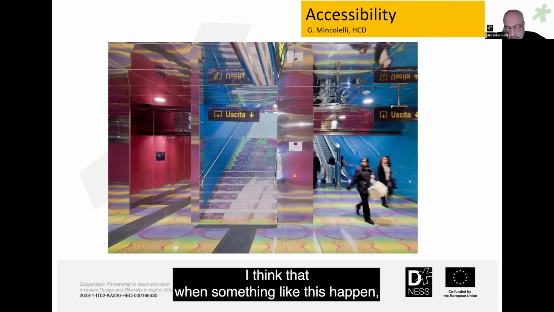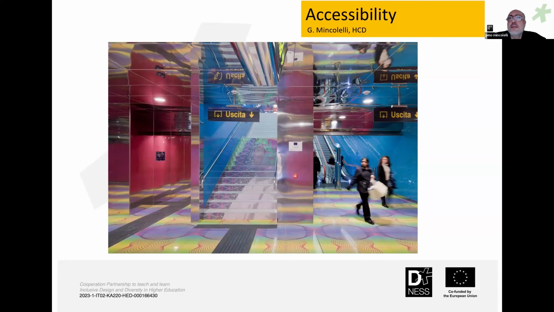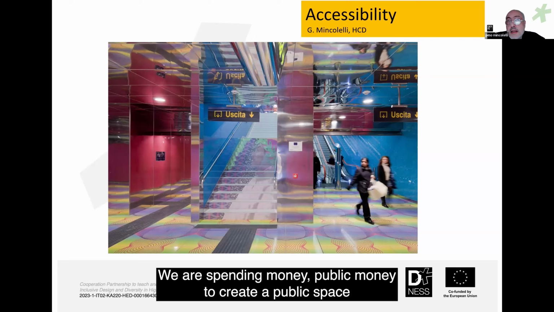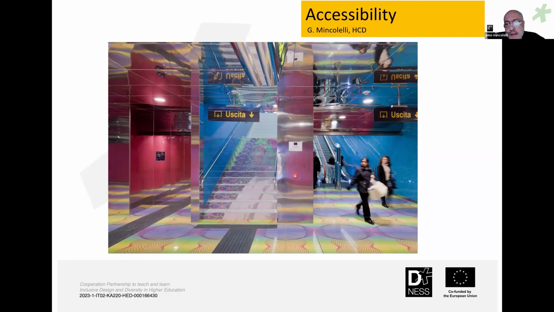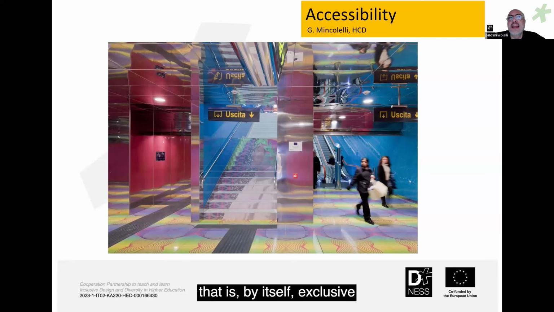I think that when something like this happens, we are in front of a very severe social issue. We are spending public money to create a public space that is by itself exclusive.